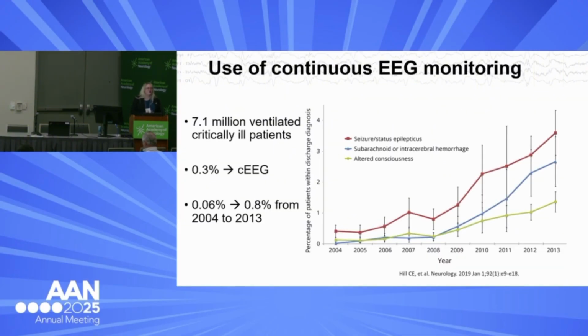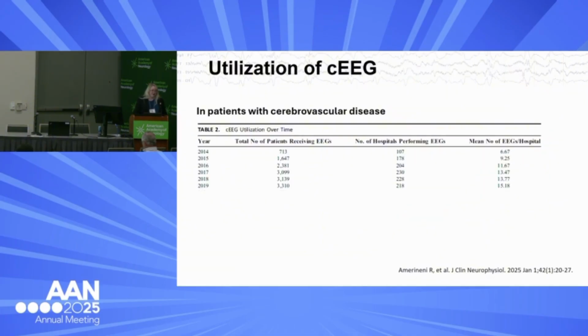And as I mentioned, although we've seen a modest growth in the number of fellows graduating from our programs, we have seen a tremendous growth in the use of continuous EEG monitoring. It used to be in 2004 that only 0.3% of individuals got continuous EEG. Now what we're seeing is a growth to about 0.8%, but that growth goes up and up.